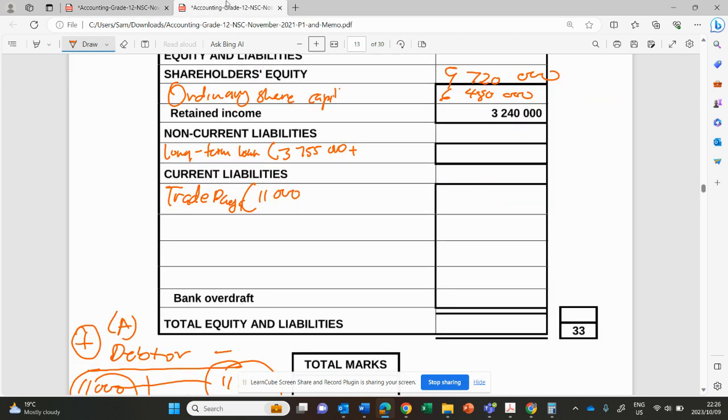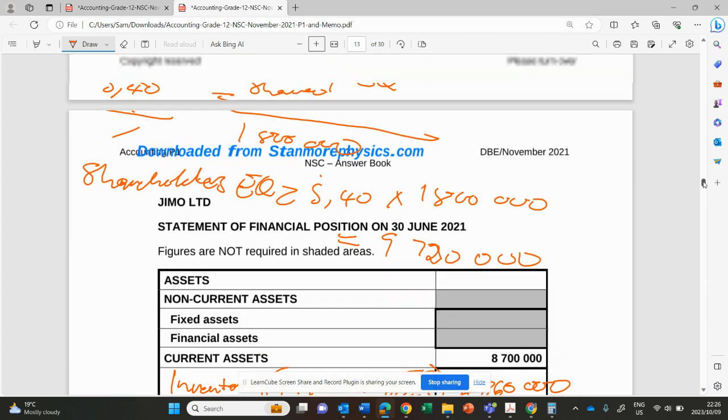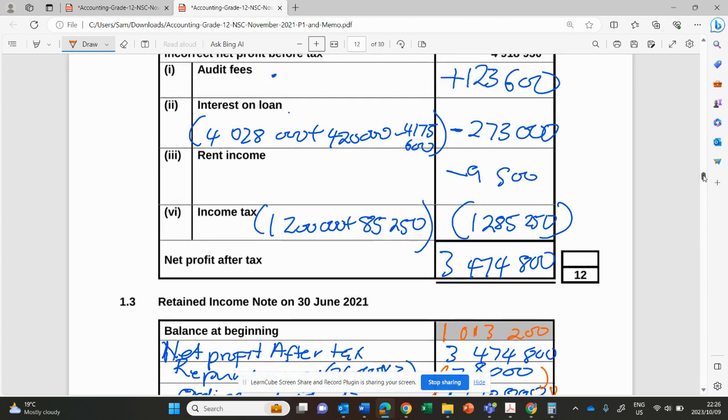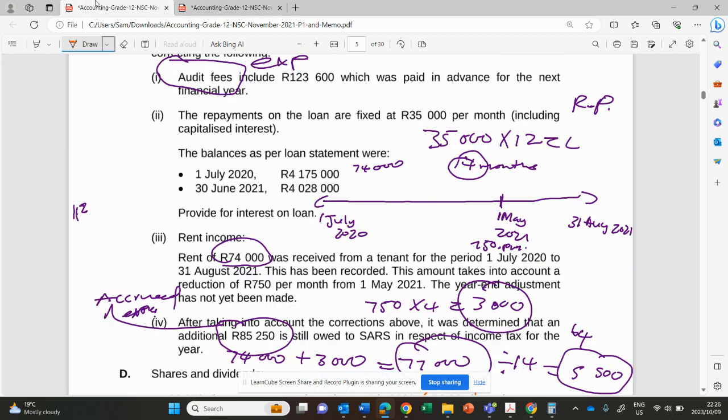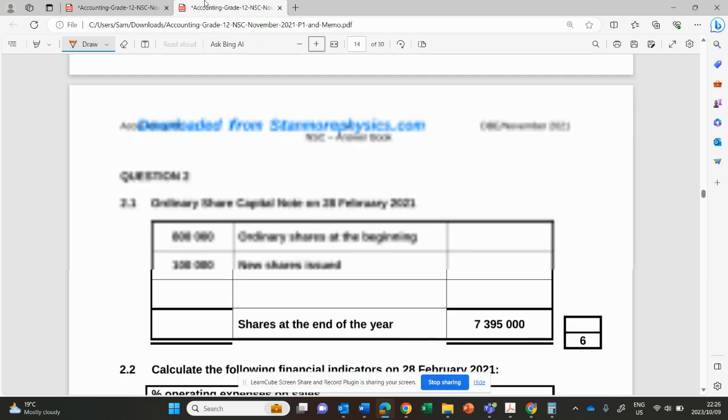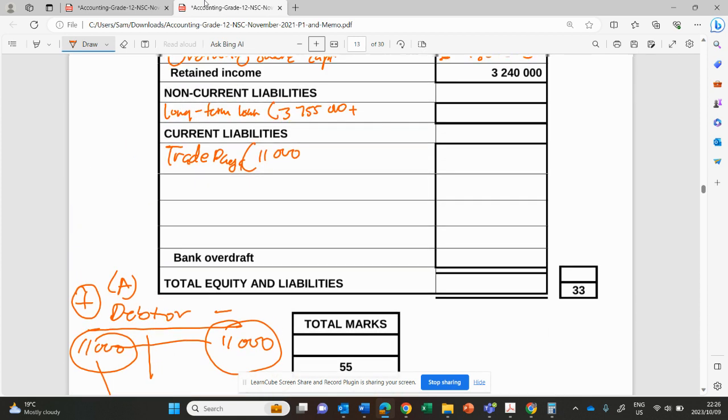I think we did calculate it under the interest on loan. We got 273. So the 273 needs to be populated here.